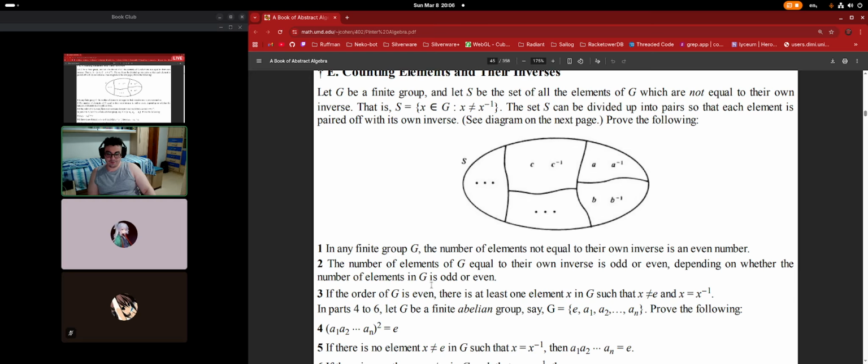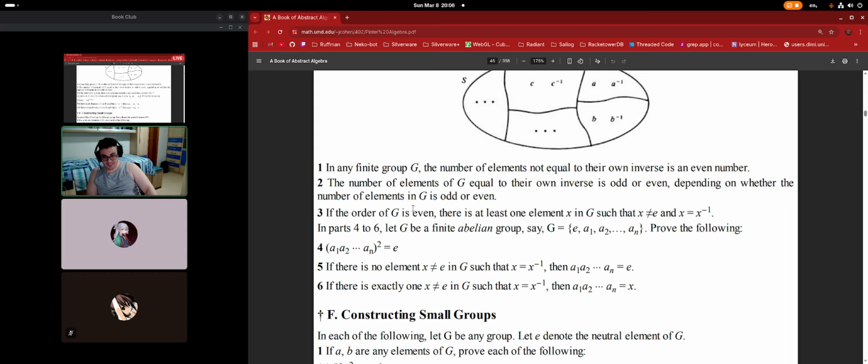But if G is even, it's the same argument. If the number of elements of G is even, then the number of elements that are their own inverses is also even, because the number of elements that are not their own inverse is necessarily even, and even plus even is even. Yes, that is the case.